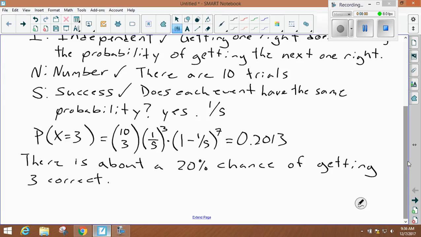But that's not the cool thing to find out. It would be really cool to find out if you could actually pass it. What are the probabilities of taking a 10-question multiple choice test where each question has 5 different selections? What are the chances of passing?